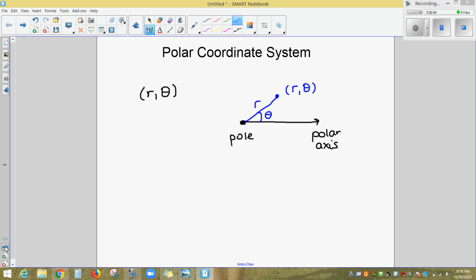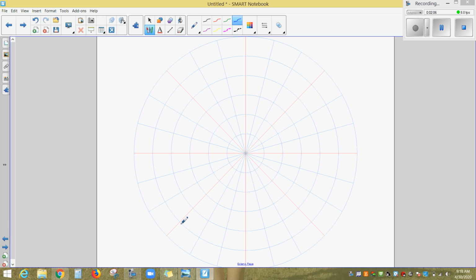When we are looking at a polar coordinate system on graph paper, instead of a bunch of rectangles, there are a bunch of concentric circles. Everywhere on this innermost circle is a radius of 1, an r value of 1. And here is r equals 2 and r equals 3, 4, 5, and 6 on this graph.